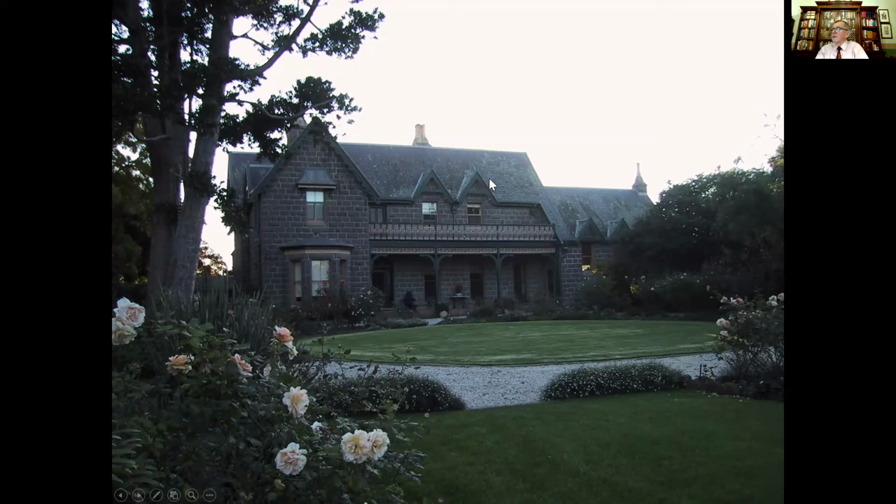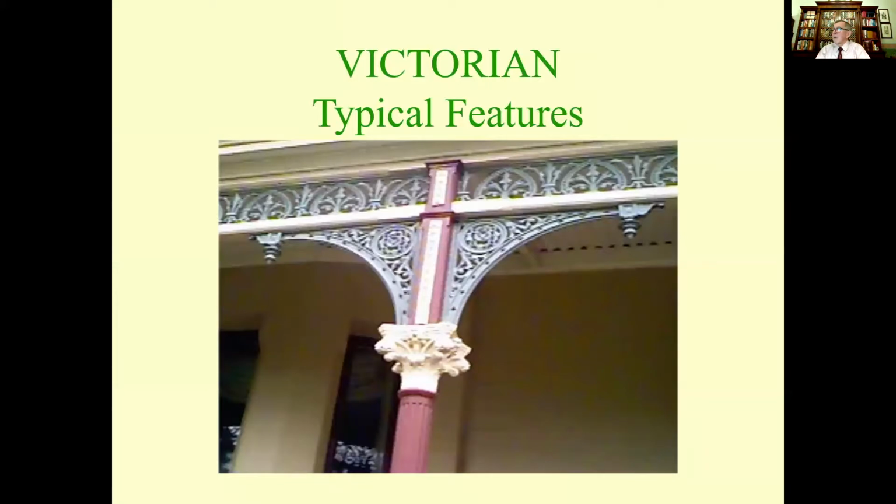All of these houses, I think we've seen, have had slate roofs, but in fact, corrugated iron was very authentic, especially in the country, and it's a perfectly appropriate material to use today. So just running through, emphasising some of the typical features of these Victorian era places up to 1900.